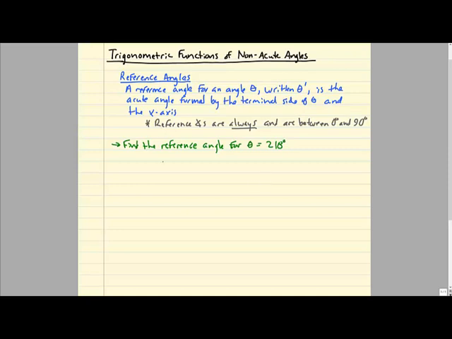If we look at our Cartesian coordinate system, this is a positive angle, so let's move in the positive direction. We're going to start at 0, move to 90, then next move to 180. And then if we go clear to 270, that's too far. So 218 is somewhere over here in quadrant 3. The terminal side is in quadrant 3.